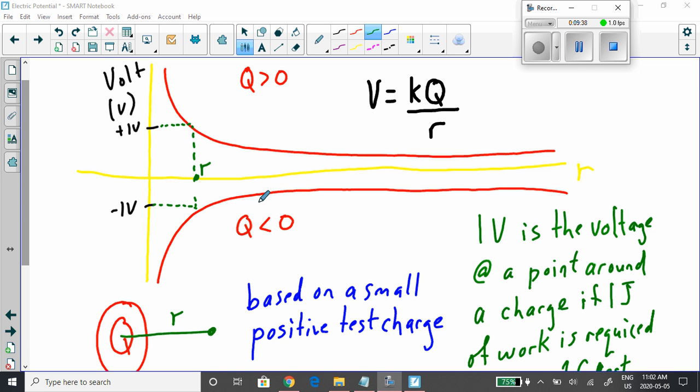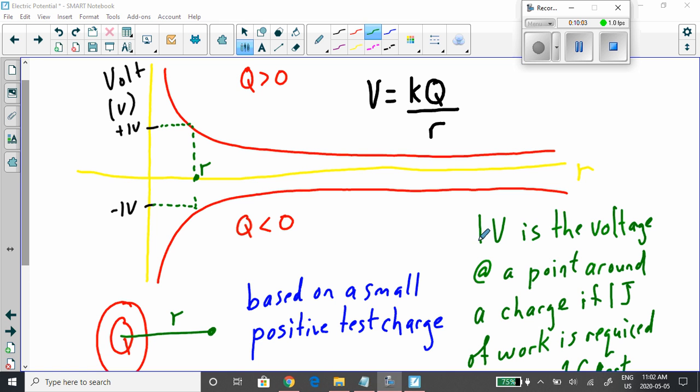So let's make that connection. Let's say that at this point here, R away from the center of a charged particle, we scroll up to here and we say that's the 1 volt spot for a positively charged object. Well, what does that 1 volt mean? Well, it means this, and it's based on a small positive test charge.